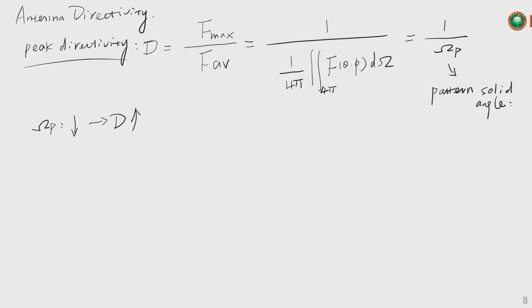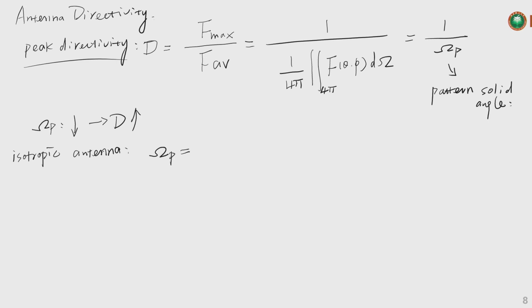It varies inversely. And for an isotropic antenna, what is its pattern solid angle?